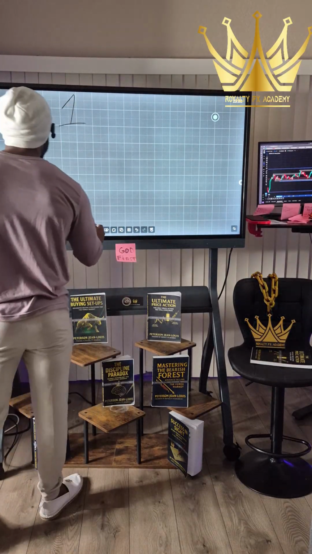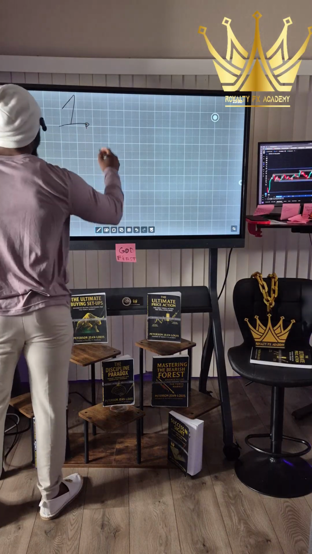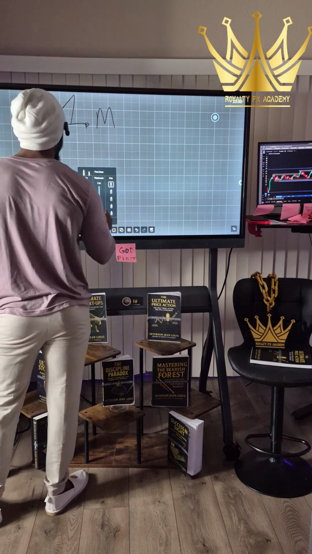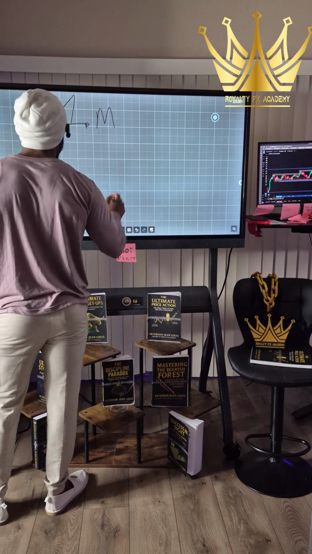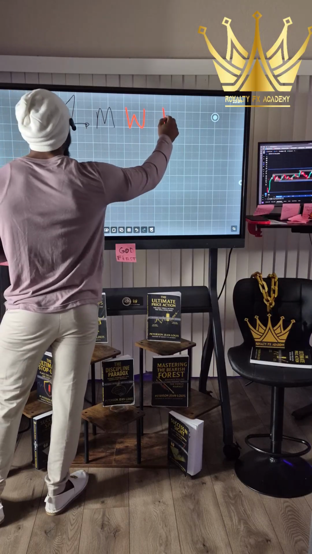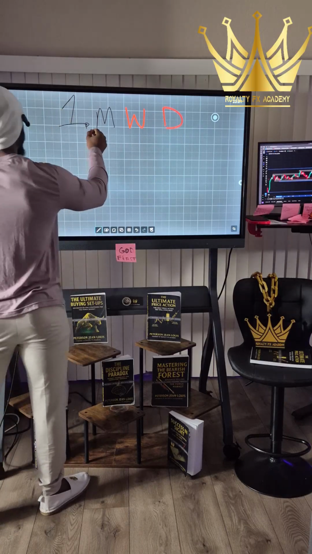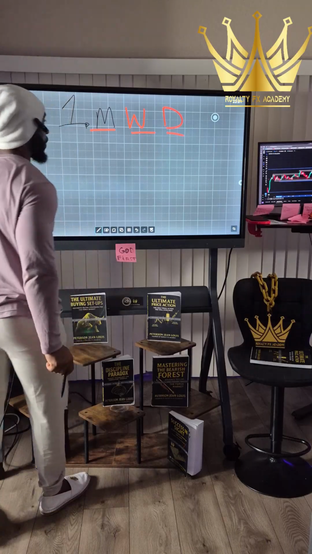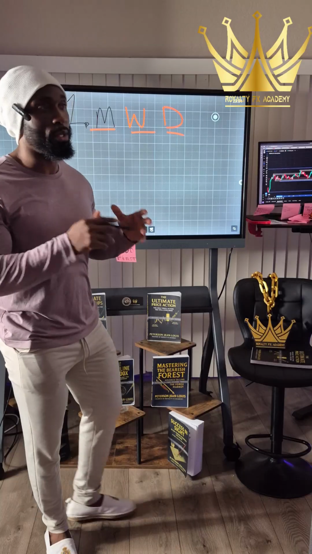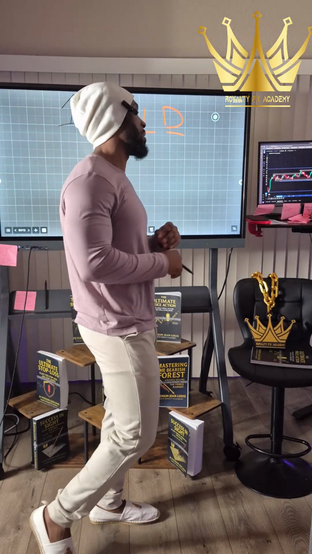All right, here are your time frames. You are either using the monthly time frame, or the weekly time frame, or the daily. These are your 3 time frames that you will be using for your technical analysis, as far as what time frame my setup is coming off.